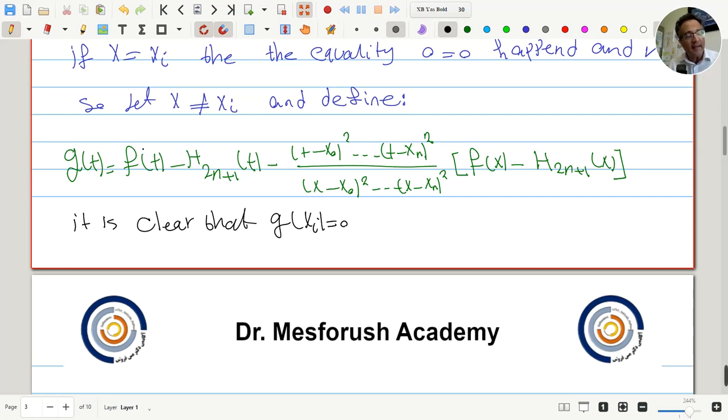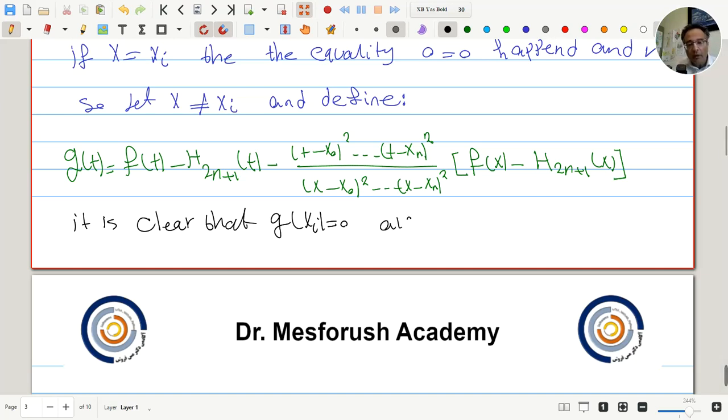This will be f of xi, and also this one will be f of xi, and the subtraction of these two terms will be 0. And also if you put xi instead of t, one xi will appear in one of these parentheses and vanish all this term. So g of xi will be 0.